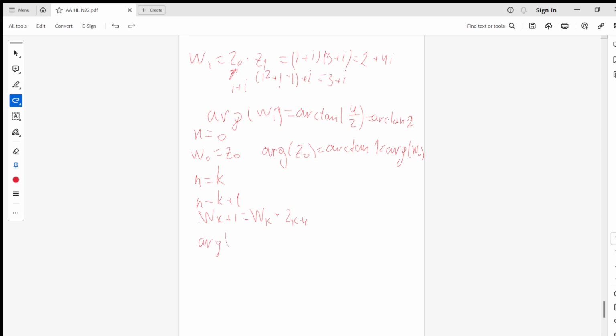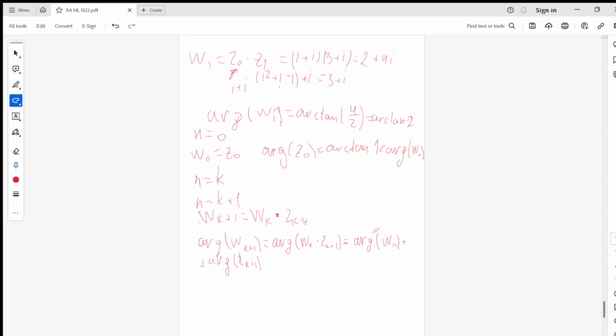So the argument of W k plus 1 is equal to the argument of Wk times Z k plus 1, which is equal to the sum of the arguments of Wk and Z k plus 1.